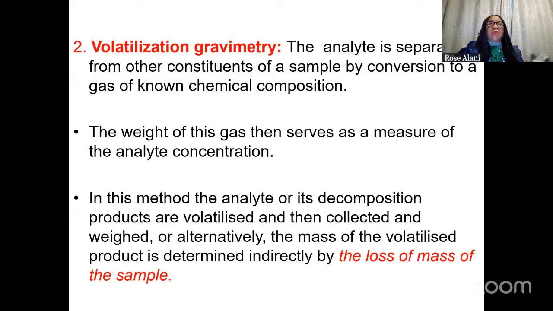Remember, in precipitation gravimetry, you convert the analyte into a precipitate, a compound of known composition. But in this case, you convert the analyte of interest into a gas of known composition. Then the weight of the gas is a measure of the concentration of that analyte.